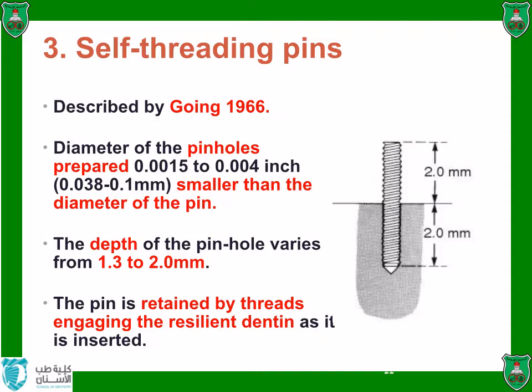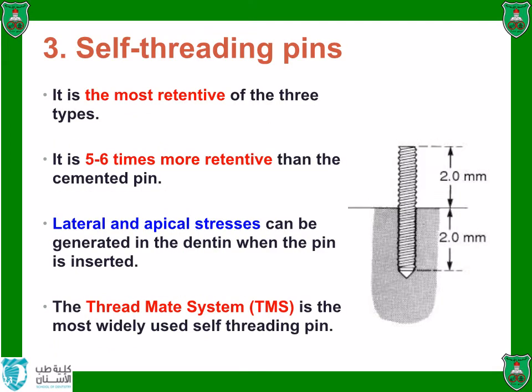So you will screw this type of pin inside dentin, and the depth of the pin hole is smaller than the friction lock. However, this type of pin is the most retentive of the three types of pins. It's 5 to 6 times more retentive.